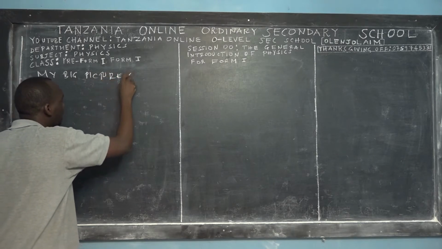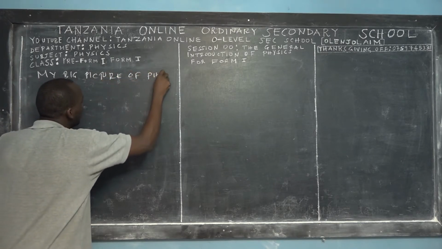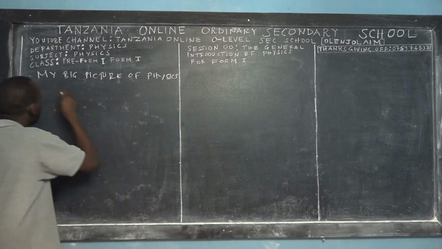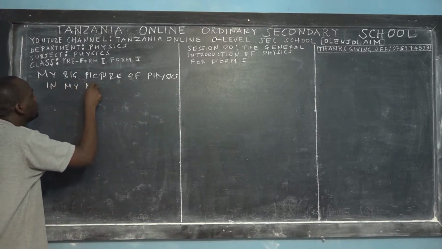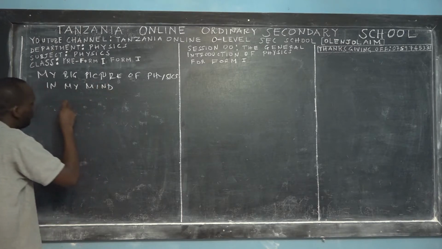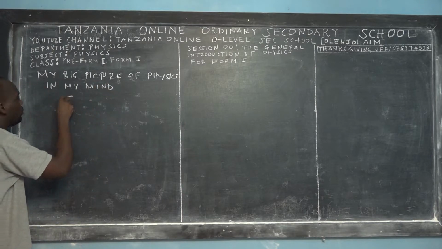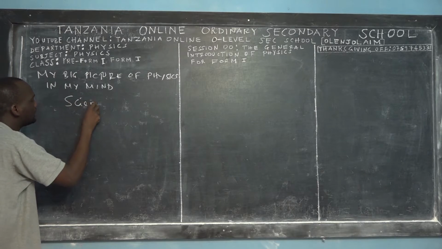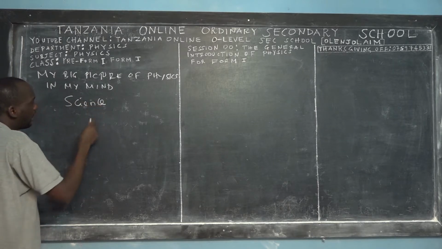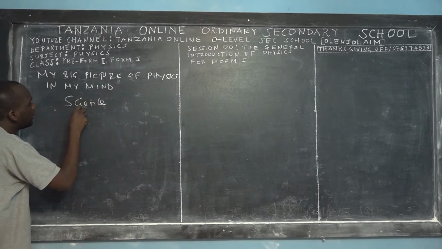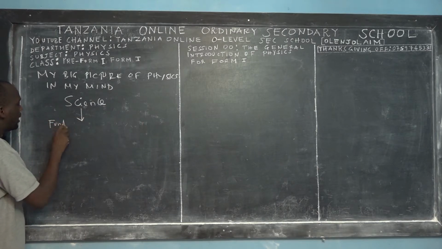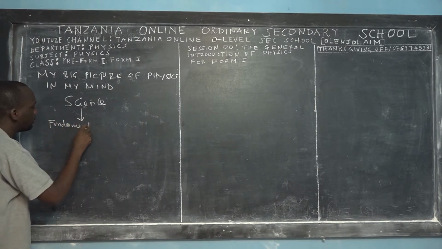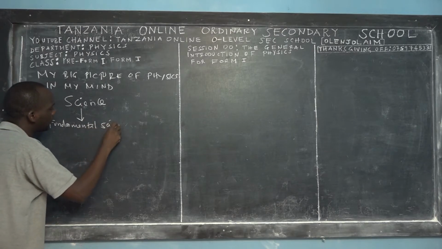And this big picture of physics is in my mind, and I would like you to induce it in your mind. So physics is the oldest subject. We began to learn it as a general science subject. We began the journey with a part that we call fundamental science.